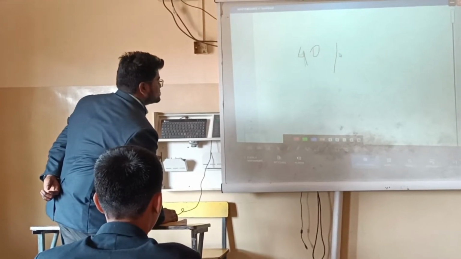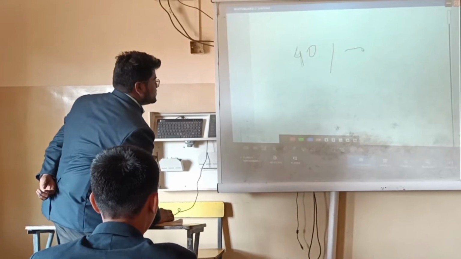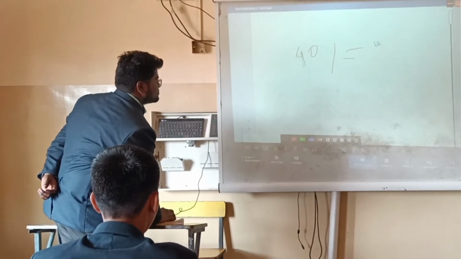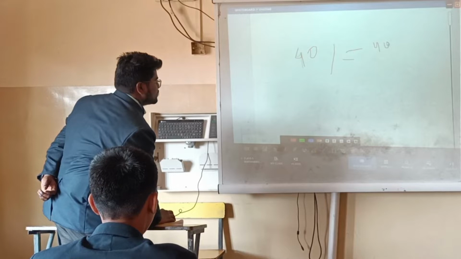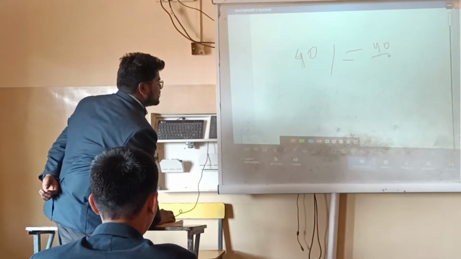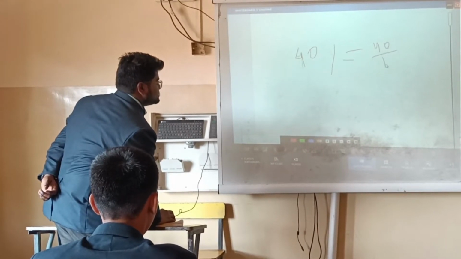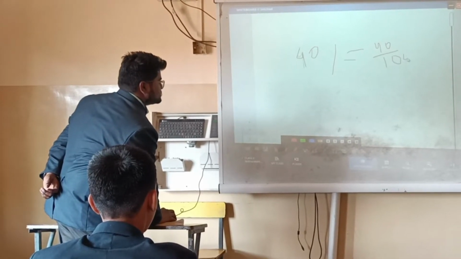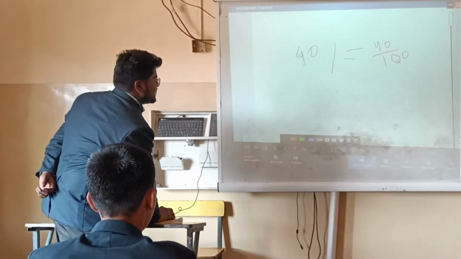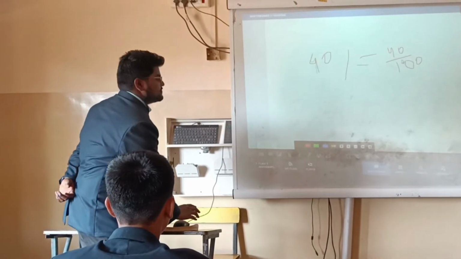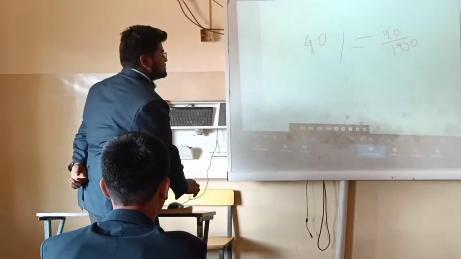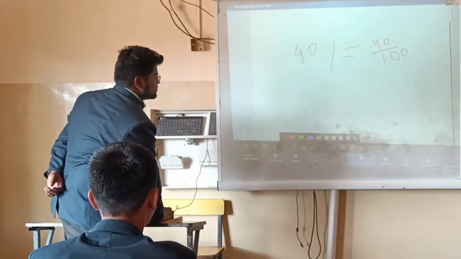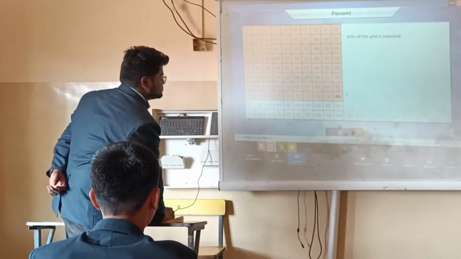So 40% is 40 out of 100. As we have already studied fractions using the Tata class H, we know that 40 upon 100 is 40 out of 100, which can easily be written as 40%.